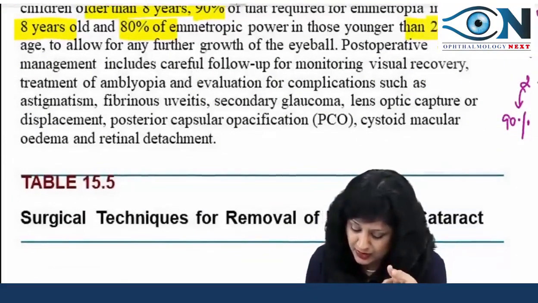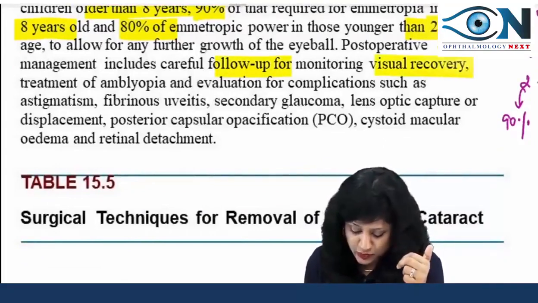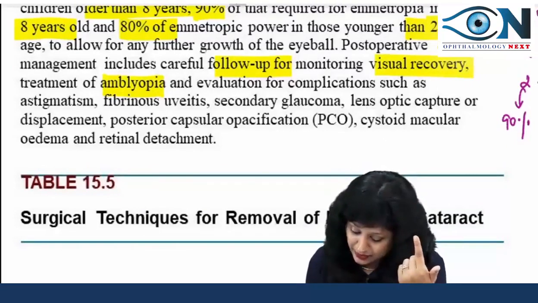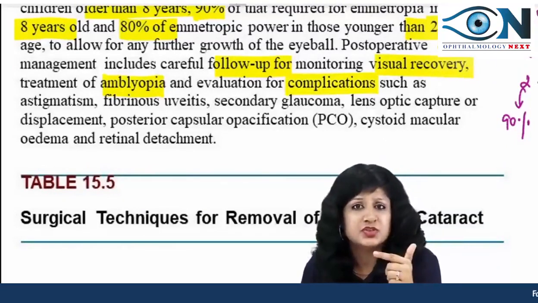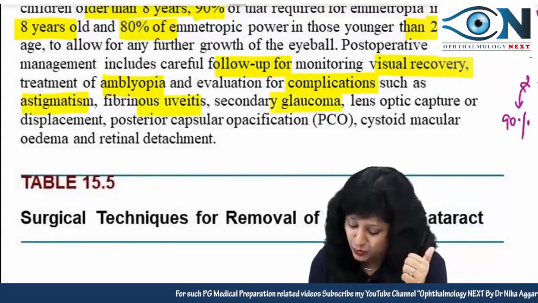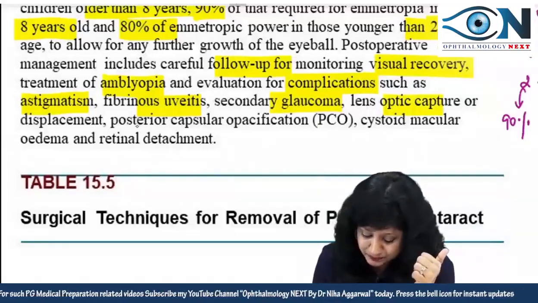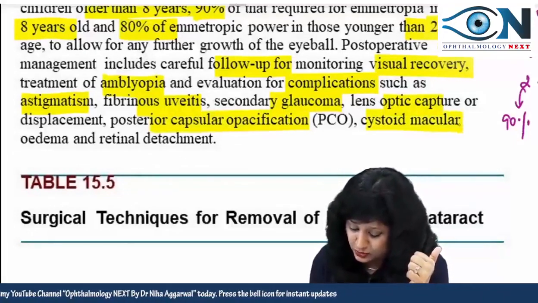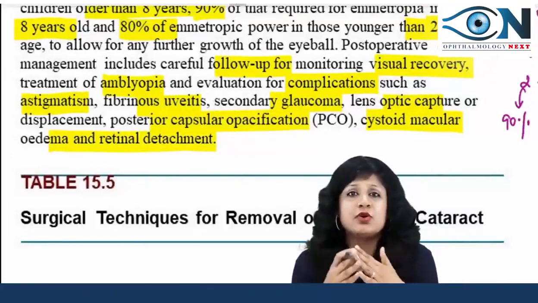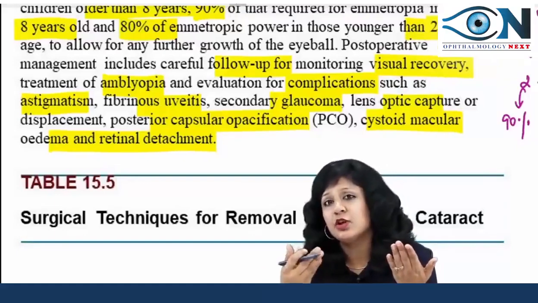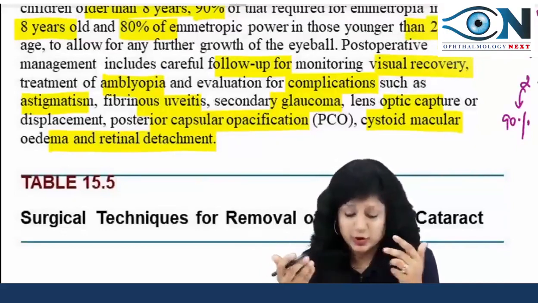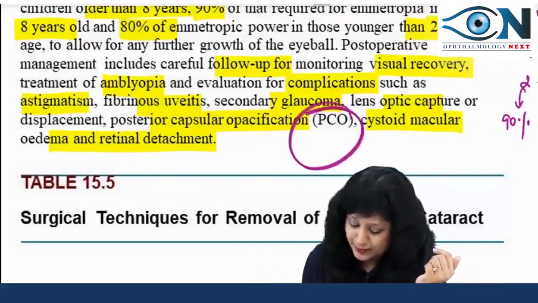In post-operative management, you have to do the follow-up, monitor the visual recovery, give treatment for the myopia, and evaluate the different complications. Complications include astigmatism, fibrinous uveitis, secondary glaucoma, lens optic capture, posterior capsular opacification, cystoid macular edema, and retinal detachment. These are more or less similar to the post-operative complications in adults, but some are more common, especially posterior capsular opacification.